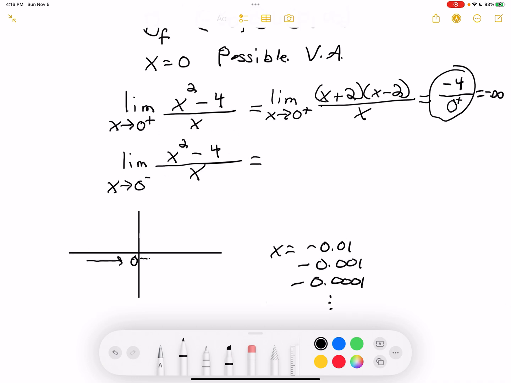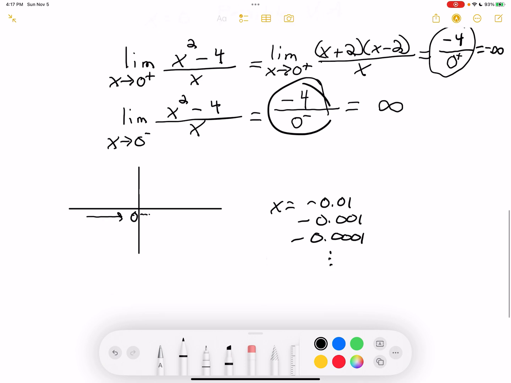And the top, by the way, as we do that, remains negative. 0 squared minus 4. It's going to be some negative constant up top, and very, very small negative numbers like -0.1, -0.01, and so on. When we divide these small negatives into -4, the whole thing increases in the positive direction without bound. Hopefully you see that this is positive infinity.